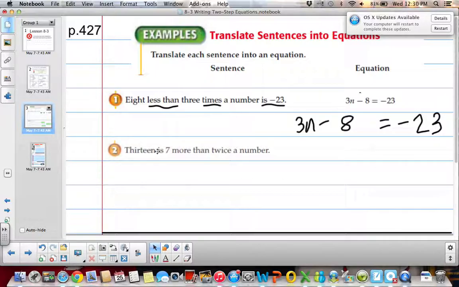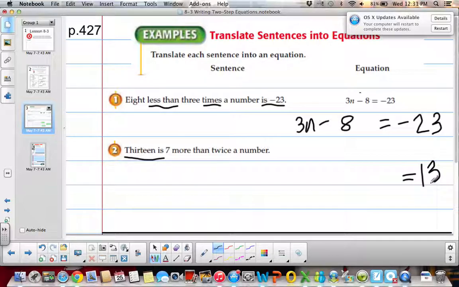Okay, we have "13 is 7 more than twice a number." So we have our "is." This time 13 goes with it. So I'm going to right away write equals 13 because we know that whatever it is equals 13. It's 7 more than twice a number. So let's use n as our variable again.